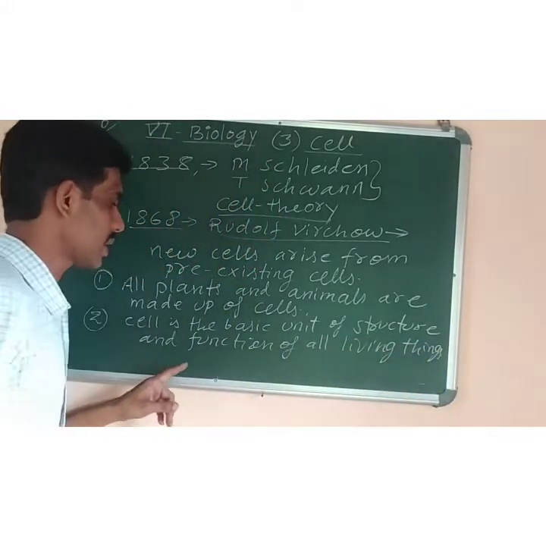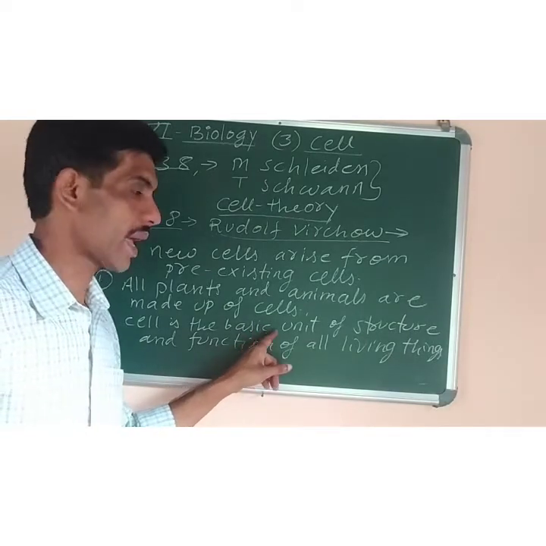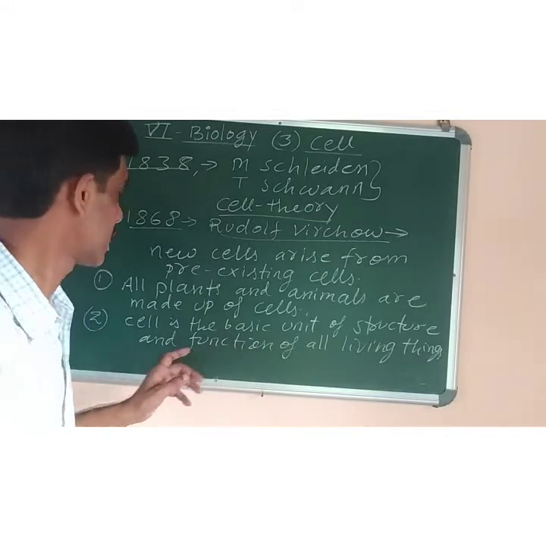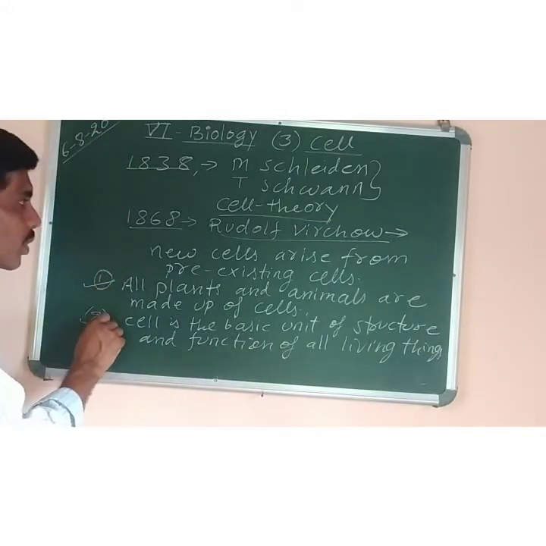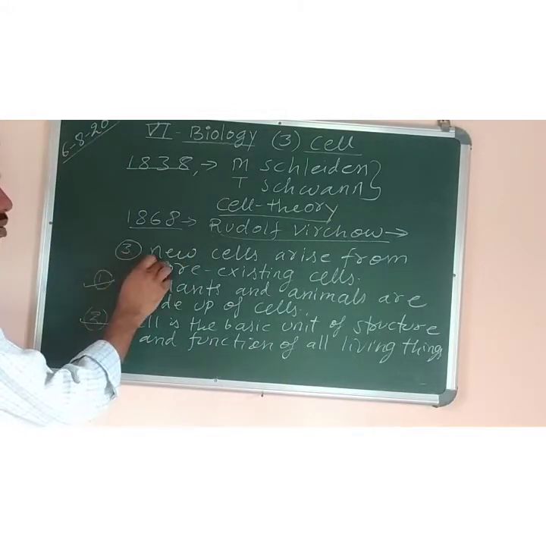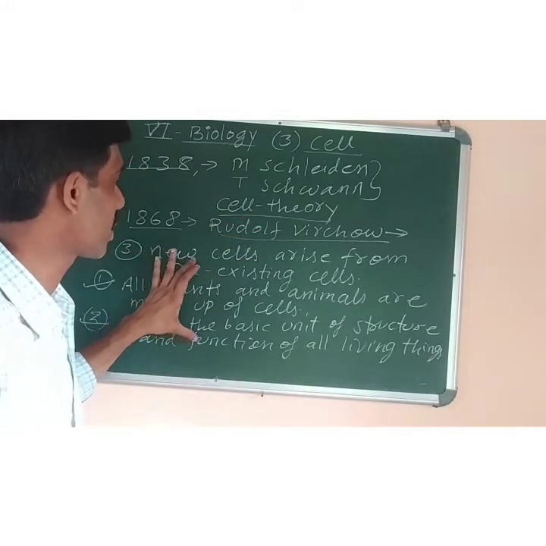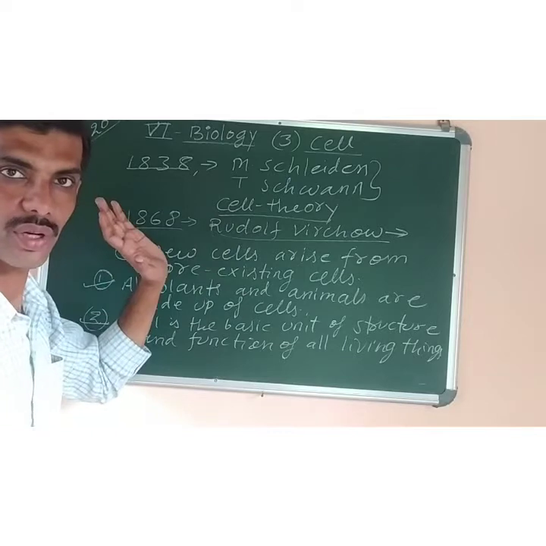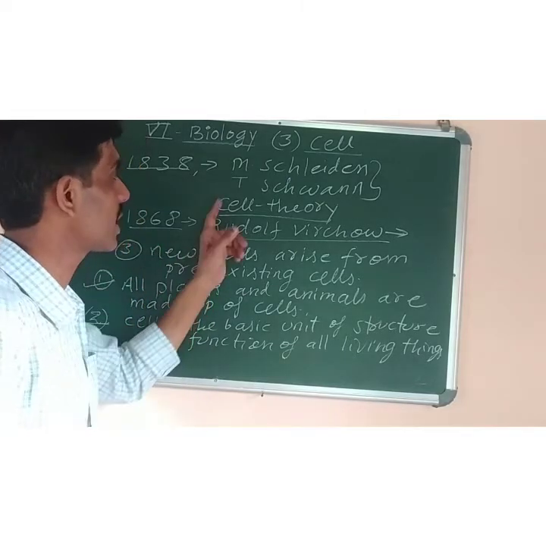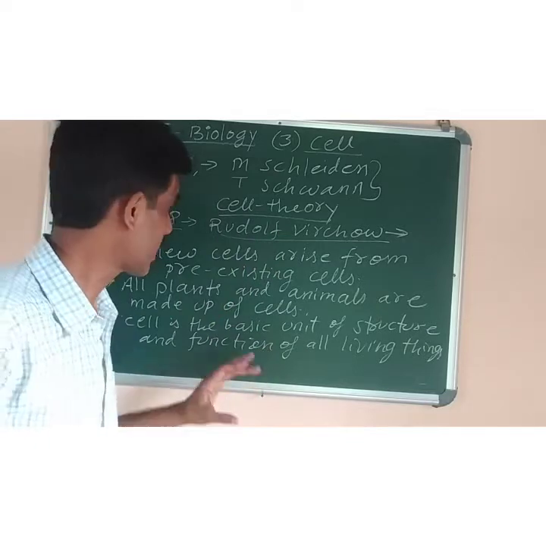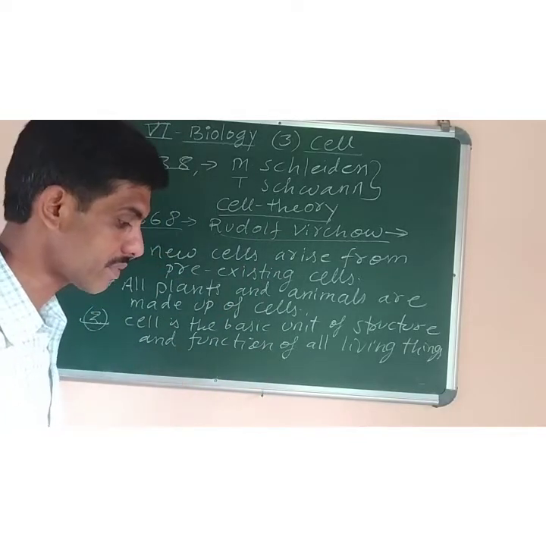Means all living things are made up of cells, and all the functions that the living things do are because of the cells. The third point is new cells arise from pre-existing cells. Together they are known as cell theory. Understood now? So if asked who gave cell theory, Schleiden, Schwann and Rudolf Virchow. And what are the points? They are the 3 points of cell theory.